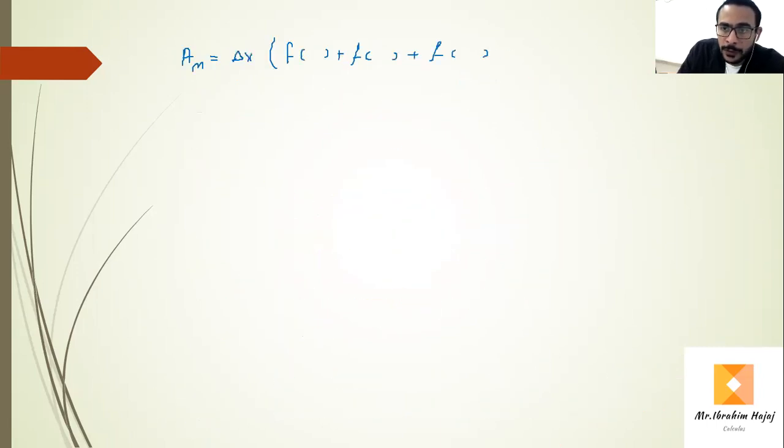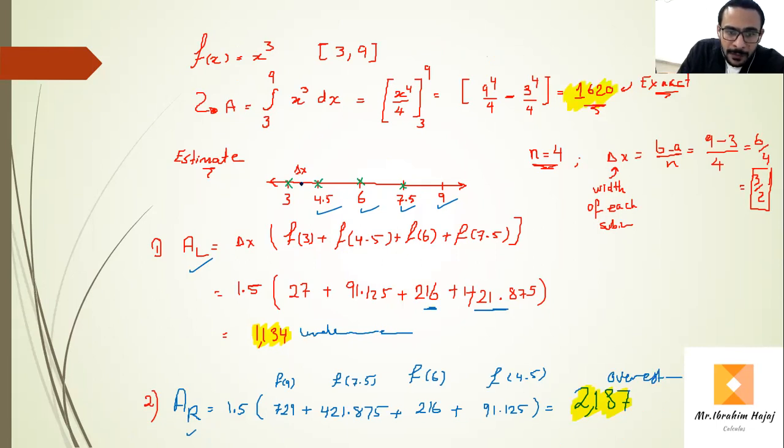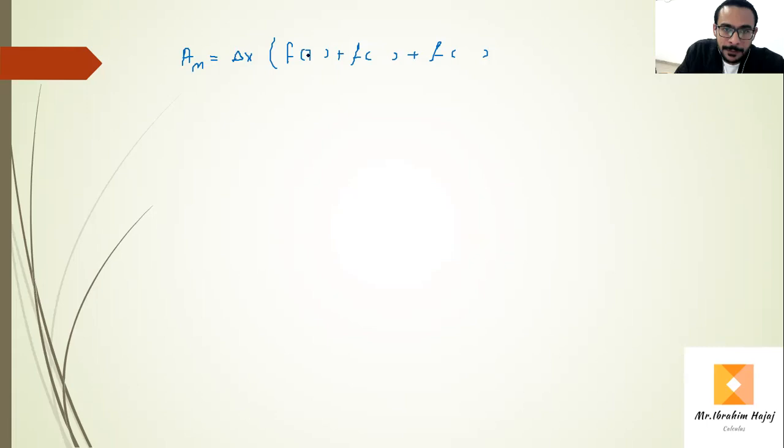So I have to move back and find the midpoints. The midpoint between 3 and 4.5 is halfway: 3 plus 4.5 is 7.5, divided by 2, it's 3.75.